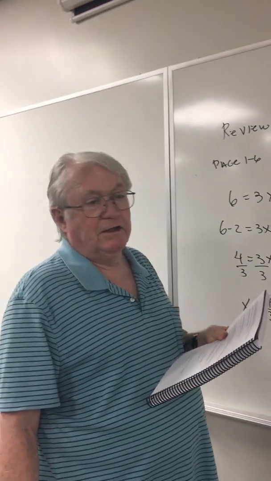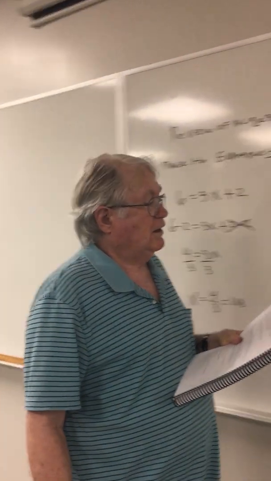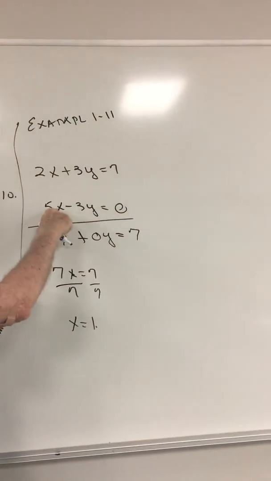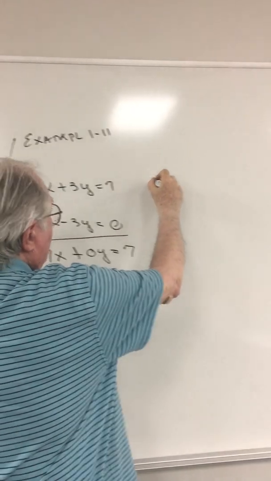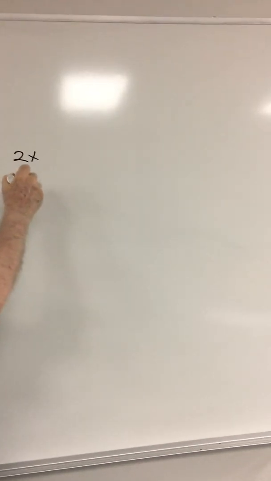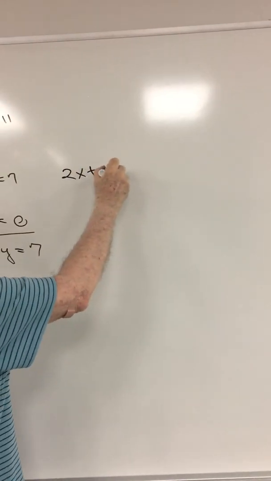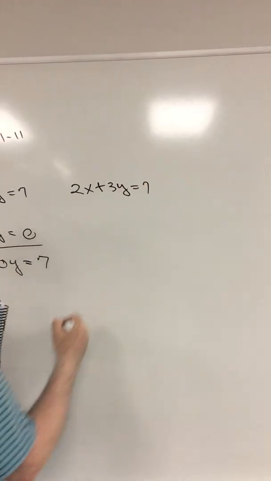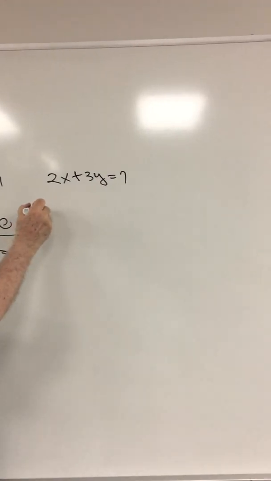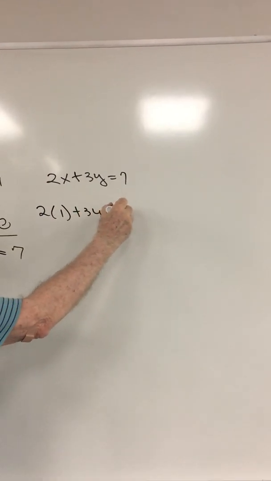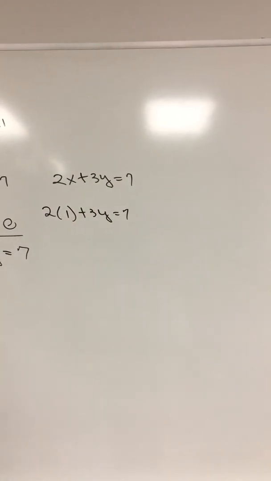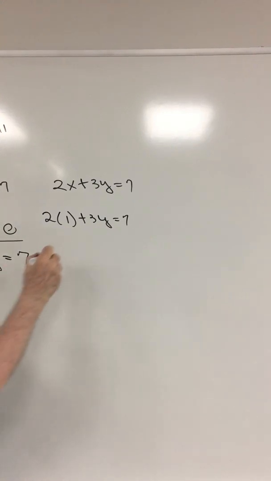Now once you solve for x, you can go back and get the value for y. You can use either equation to solve for y. I'm going to use the top one right here. So 2x plus 3y equals 7, but I know that x is equal to 1. 2 times 1 is 2.